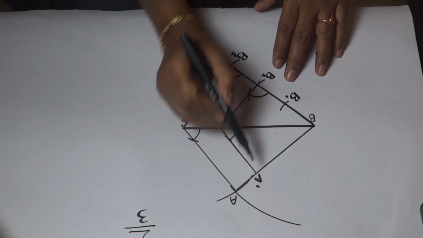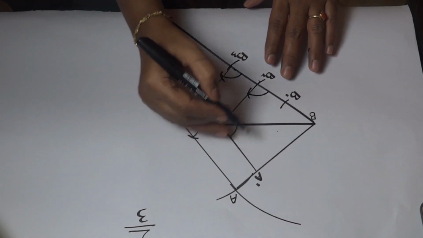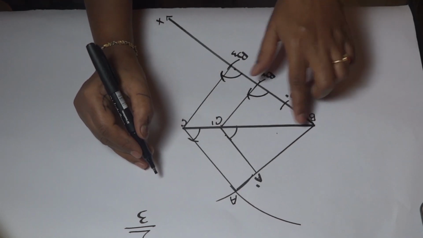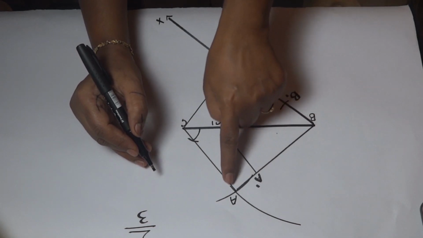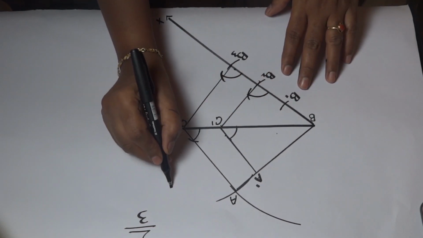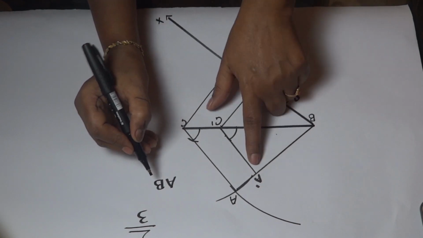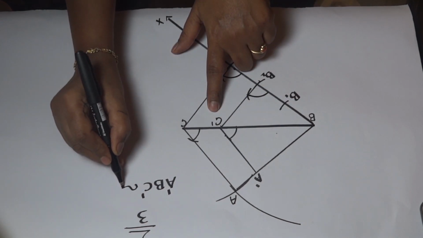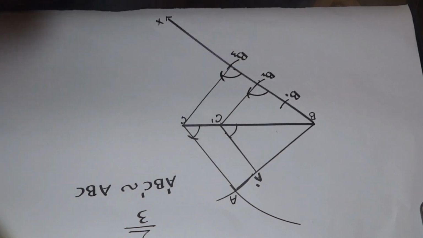Now A dash, B and C dash, these points create a triangle which is a similar triangle, and this triangle is similar to the original triangle or previous triangle ABC. Let us write this. Now this triangle A dash B C dash is similar to A B C triangle.